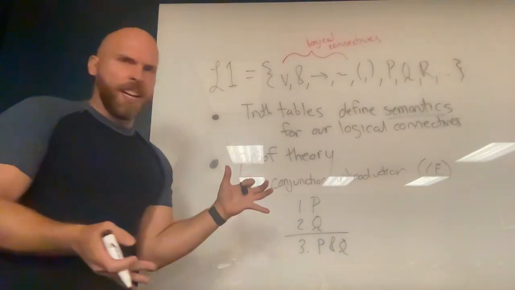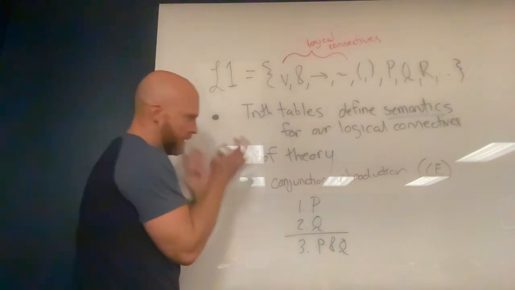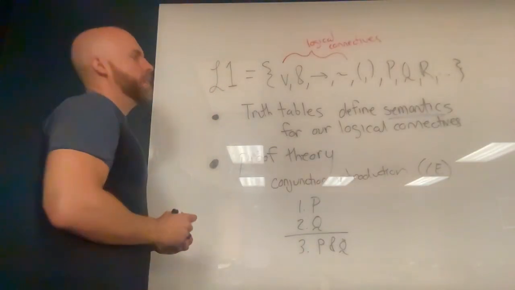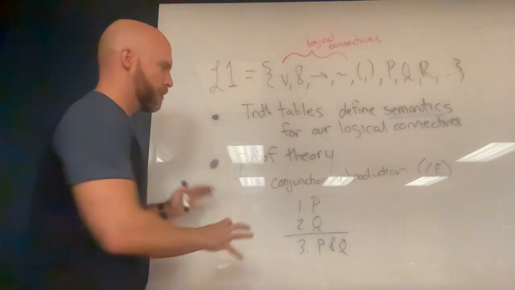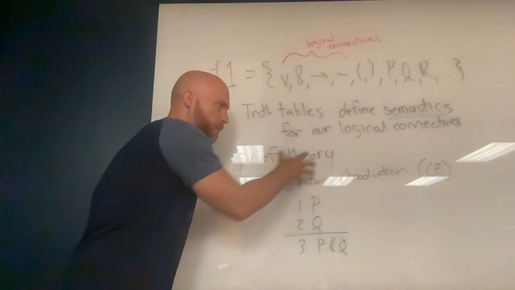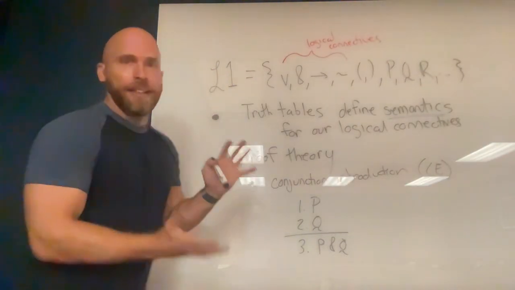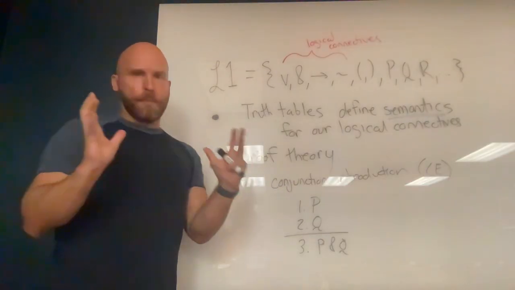And the claim in this language is that for our given proof theory, anytime you have true premises, you get a true conclusion. And if you recall, there's a special word associated with arguments that follow this proof theoretical construct. These rules are valid. And so validity, just to remind you, is about arguments.